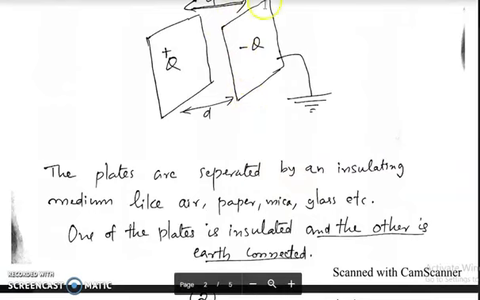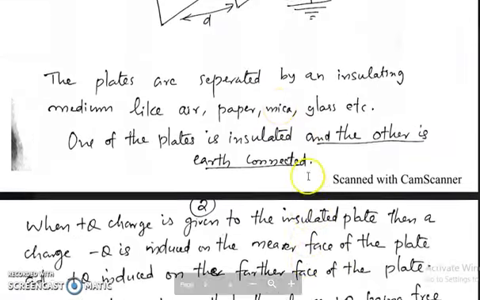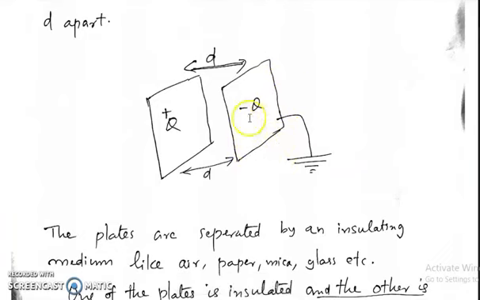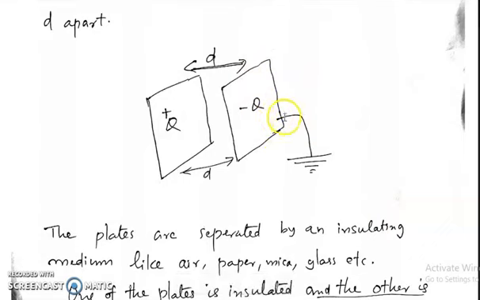And on the farther face of the plate, a plus Q charge will appear, because this plate was initially having zero charge.